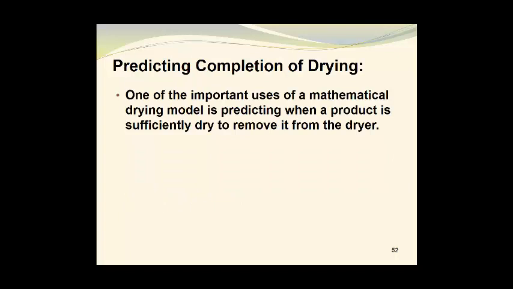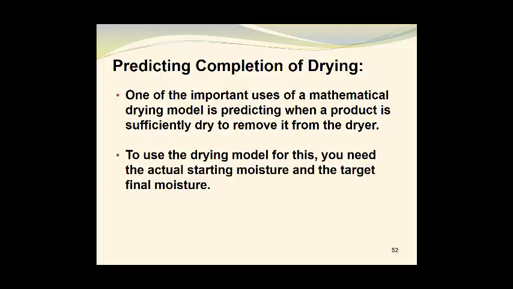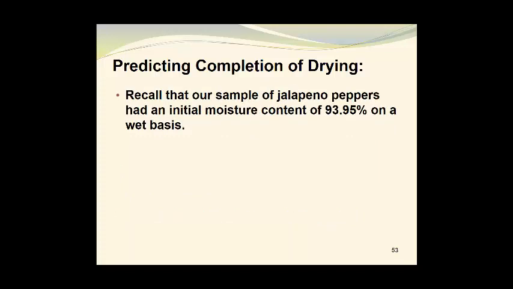One of the important uses of a mathematical drying model is predicting when a product is sufficiently dry to remove it from the dryer. To use the drying model for this, you need the actual starting moisture and the target final moisture. Both must be expressed on a dry basis.